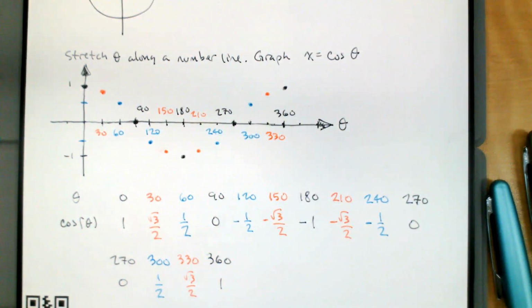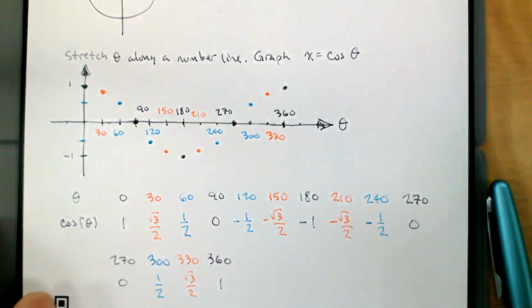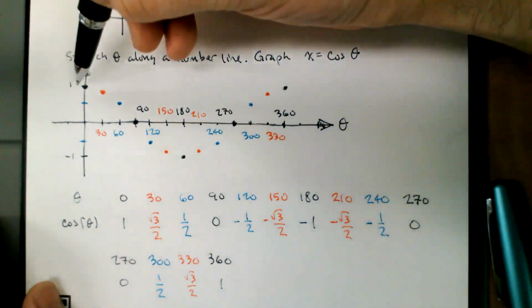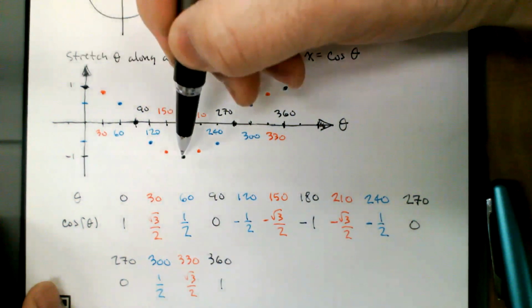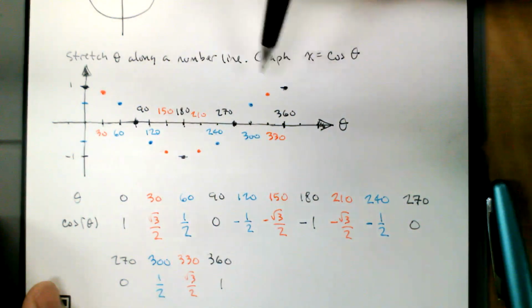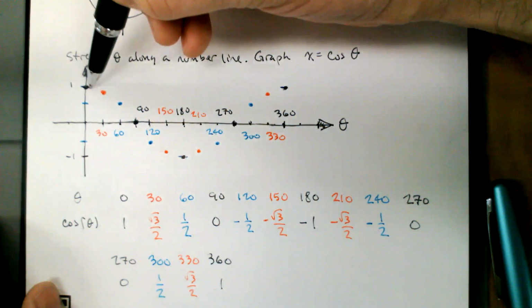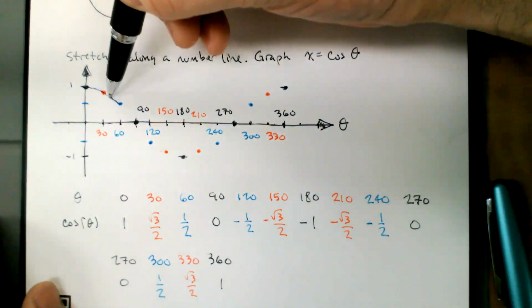And so we can see the graph start off at 1, drop down to 0, down to -1, back up to 0, back up to 1. And so we just try to make a flowy line. It should be flat here, flat down at the bottom, and then flat at the ends. Notice how it drops down slowly in the first 60 degrees.